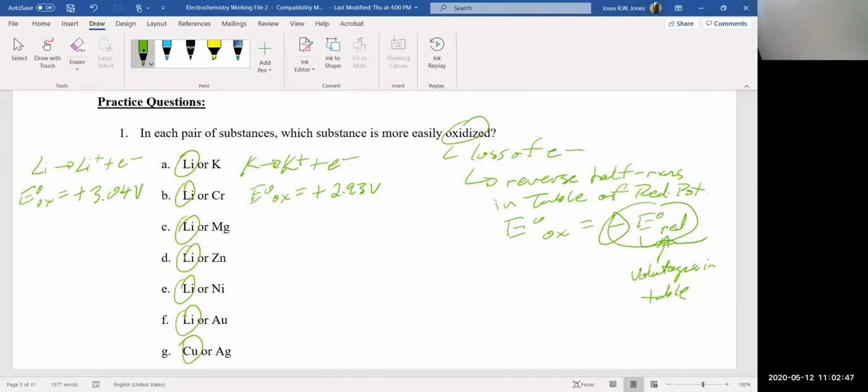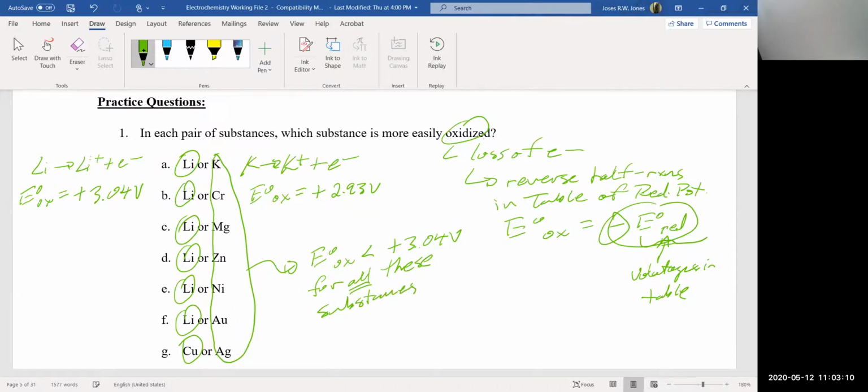Okay, so that means that over here, I can say that for all of these substances, E naught oxidation is less than positive 3.04 volts.